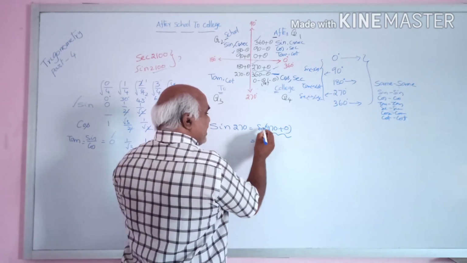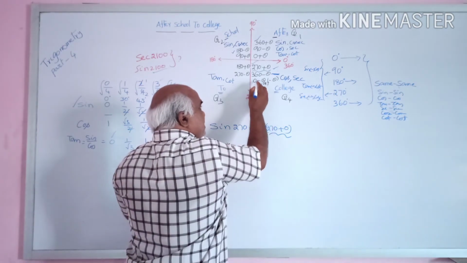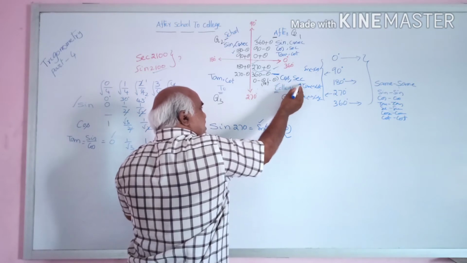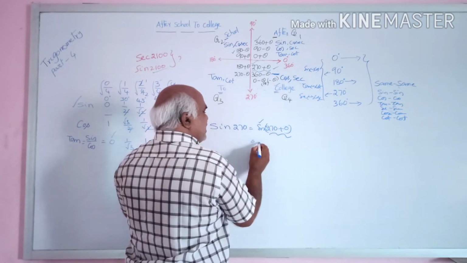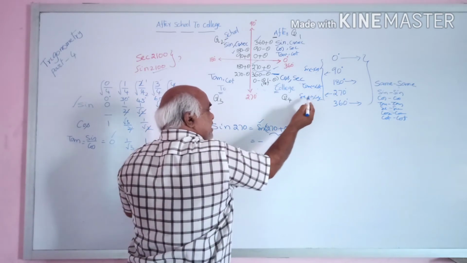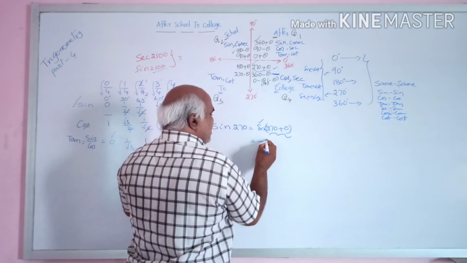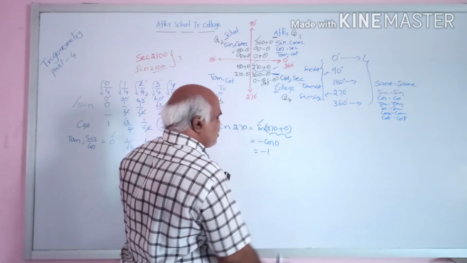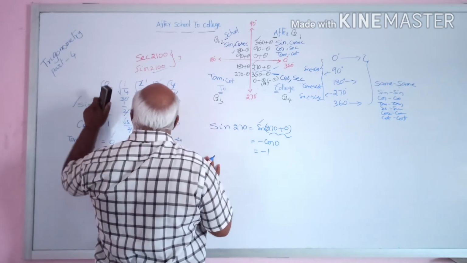In the fourth quadrant, sin does not lie, because only cos and secant do. You can remember college means cos and secant lie. Therefore, it is negative. For 270, for sin you can write cos 0. Cos 0 is 1. Therefore, minus 1.